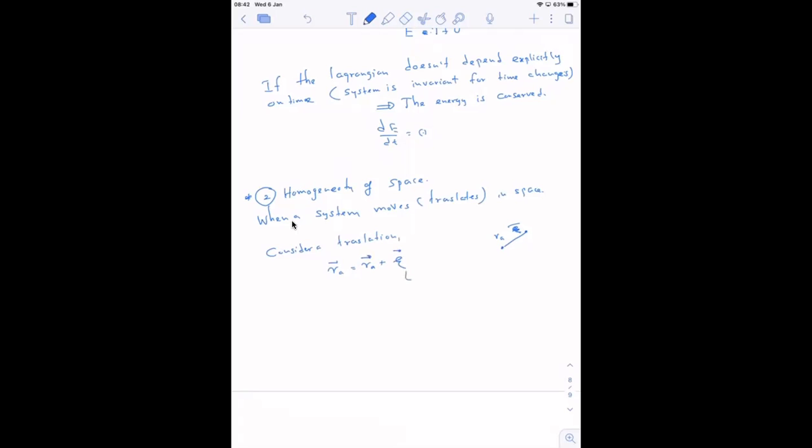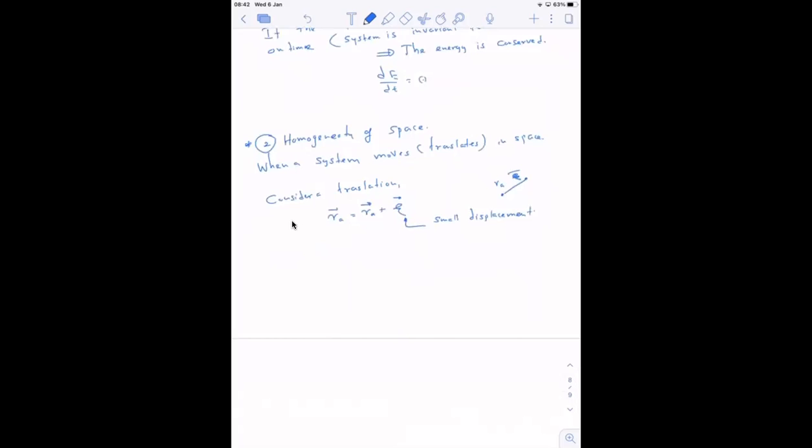So this is a small displacement, and then starting from here and using the Lagrange equations you can just show that at the end the momentum is conserved. So let's say PA is the momentum.